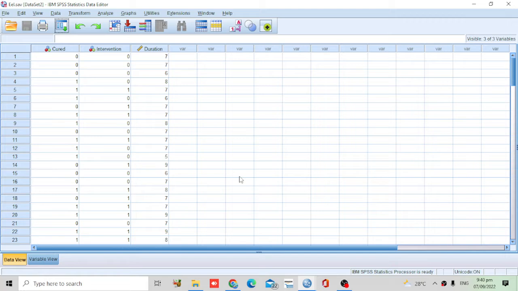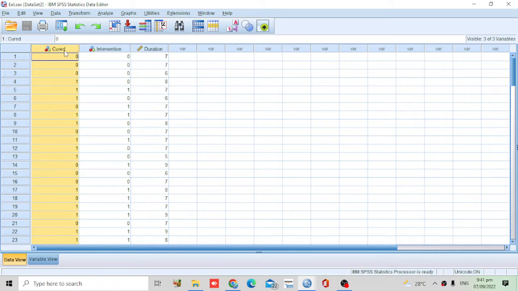Our dependent variable here is cured, and our independent variables or predictors are two, which are intervention and duration. For the level of the dependent variable, we have two outcomes.